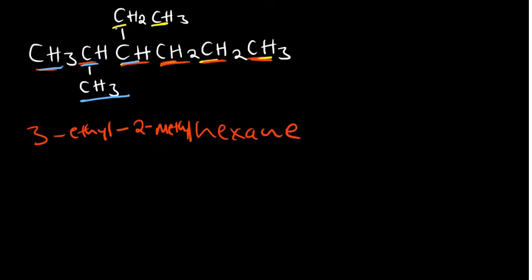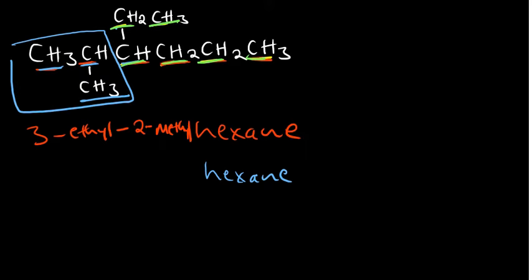Now what happens in a case where you consider this other one? If you consider the other one, the family name is still going to be hexane because of the 6 carbons, but that would mean this whole entire part becomes a subchain, because it is connected as one using the middle carbon.